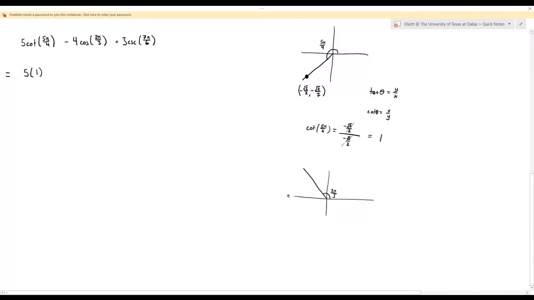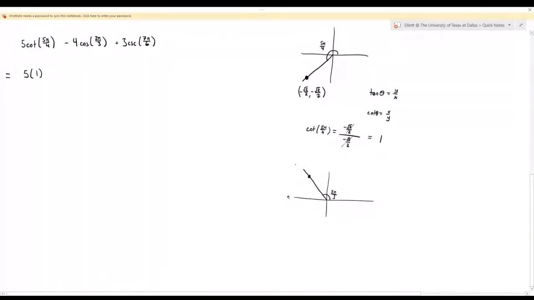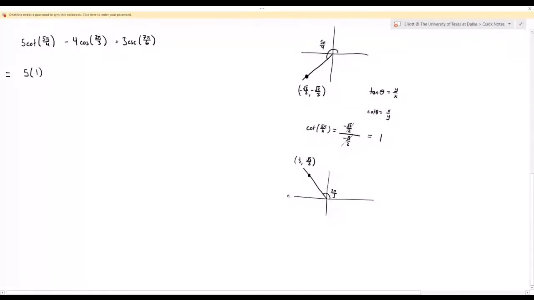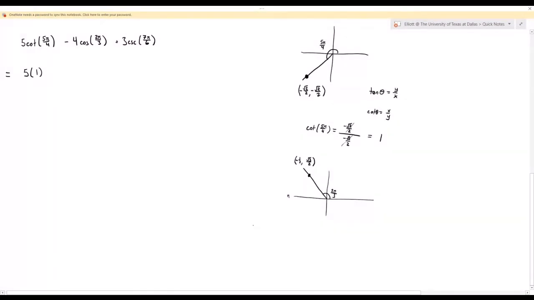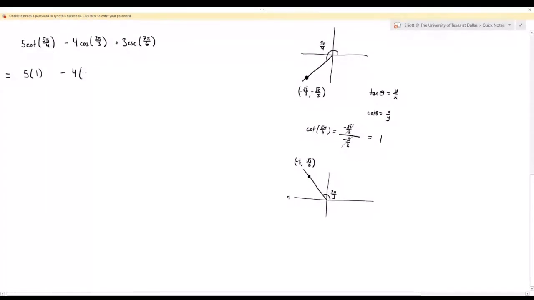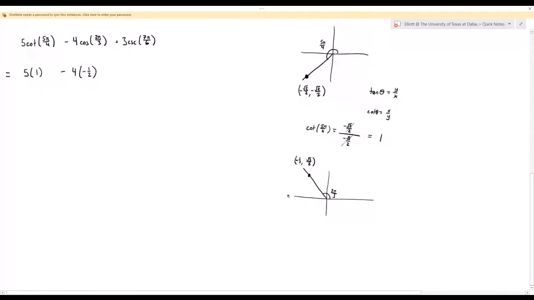And so I know here the reference angle is pi over 3. So I know that at the pi over 3 angle, it was 1/2 for the x, and it was √3 over 2 for the y. But in the second quadrant, x is negative, okay? And then cosine of 2 pi over 3, cosine is the x-coordinate. So that means it would be equal to negative 1/2.